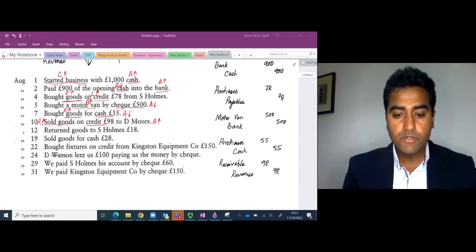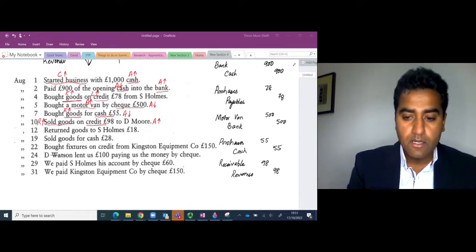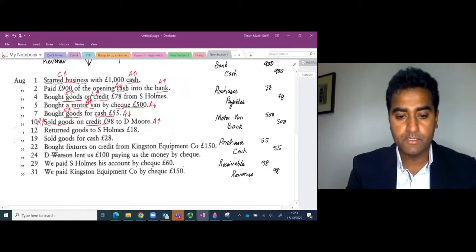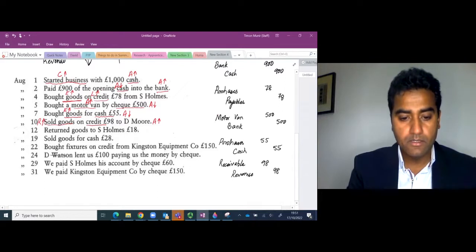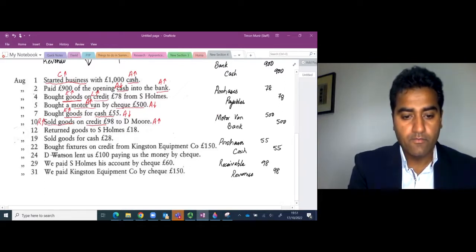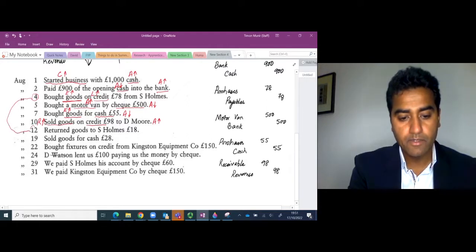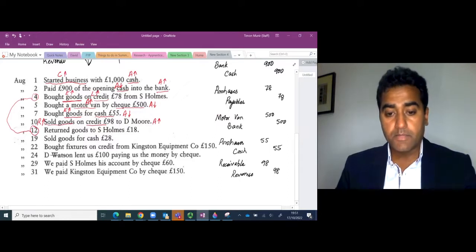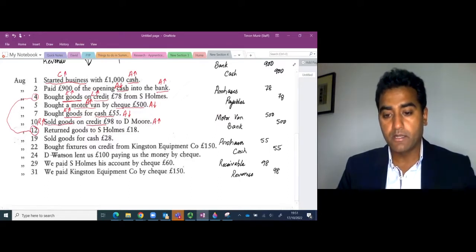Returned goods to S Homes for £18. So you can see that this transaction is related to the previous transaction. On 4th of August, we bought goods from S Homes on credit. That means S Homes is my liability.